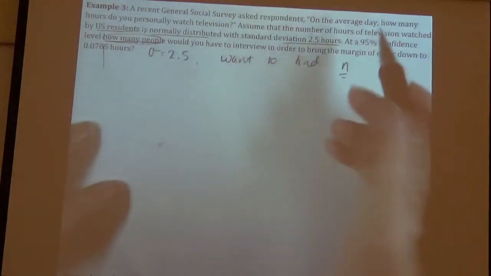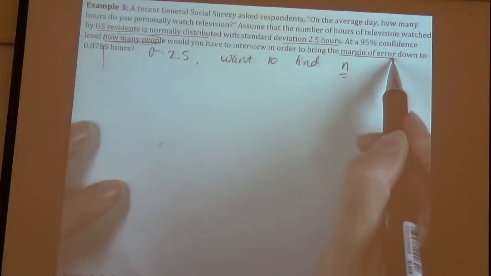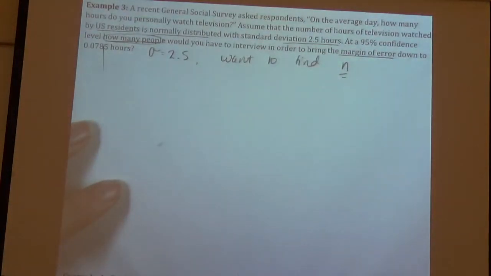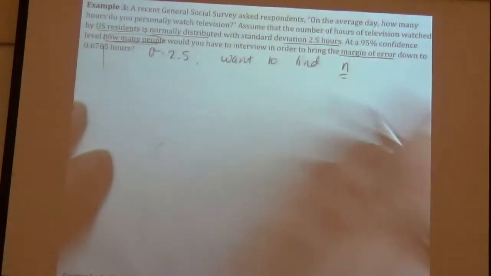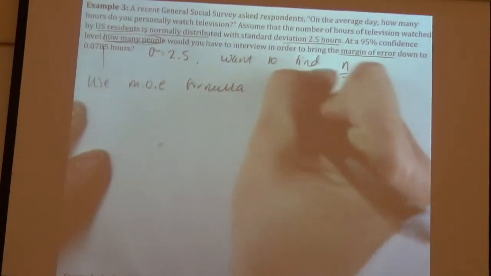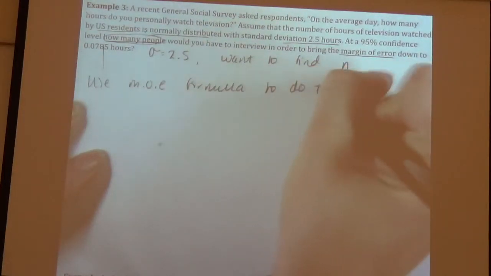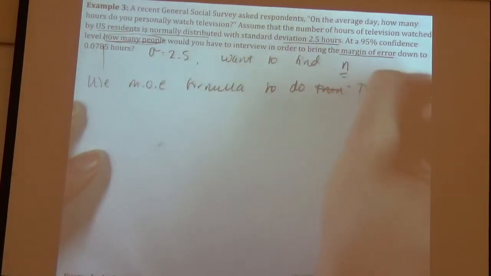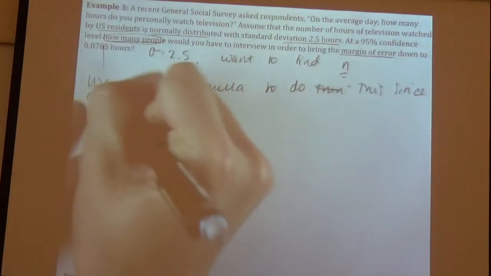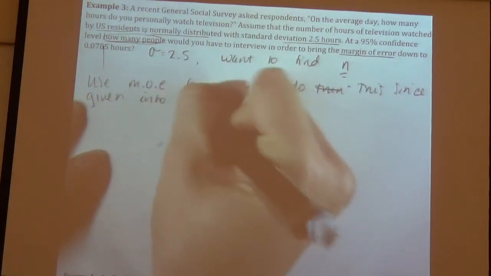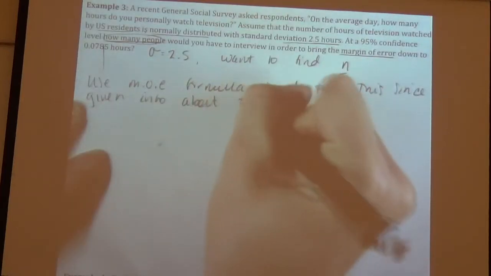We're going to use the margin of error formula because it says to bring the margin of error down to 0.075. Okay, so we need to use the margin of error formula to do this, since we're given info about the margin of error.